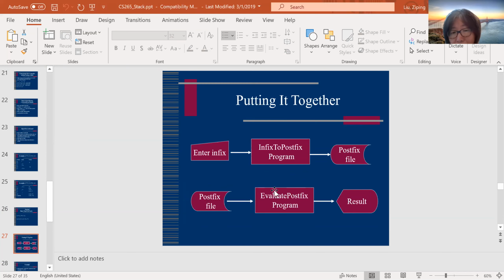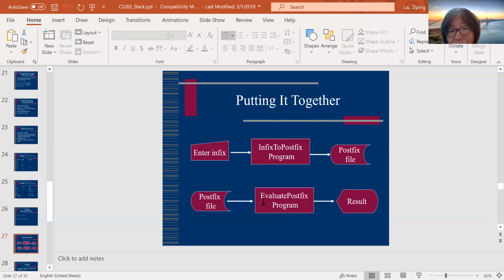We learned how to evaluate a postfix expression to get the arithmetic result, and we also learned how to convert infix to postfix. If you combine both together, and we also learned JavaFX, the Java GUI part.